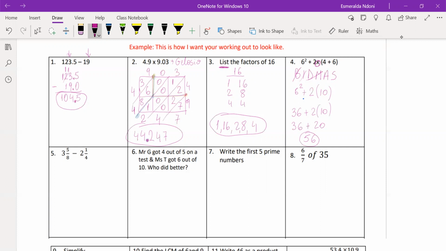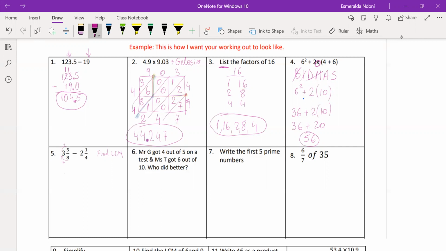Now, I know that to add or subtract fractions, I need to find the LCM of the denominators. Okay, I'm going to turn these into improper fractions to help myself. 3 times 8, or 8 times 3, and then plus the 4. 8 times 3 is 24.